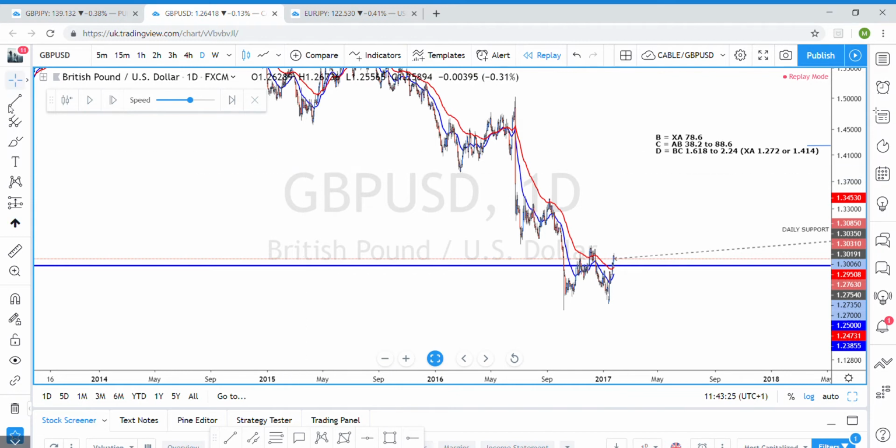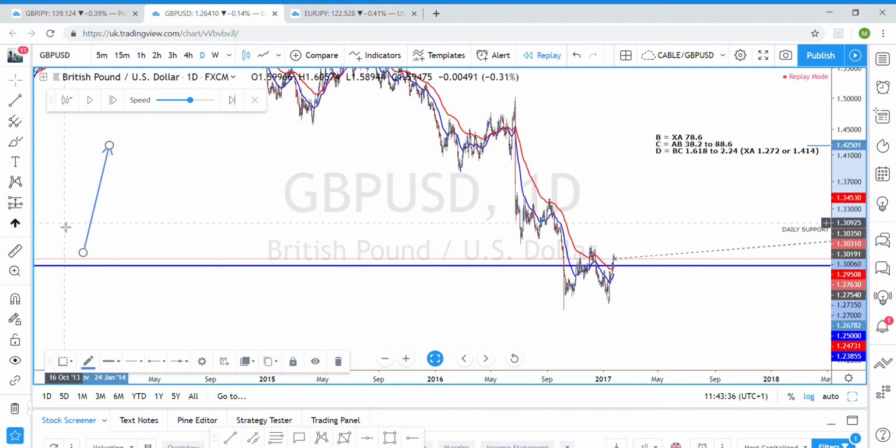So with the butterfly pattern, if you're doing the M pattern, what you're looking for is price to move up like this. So price moves up, and you have your X here.